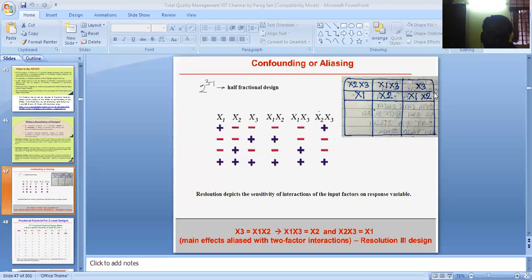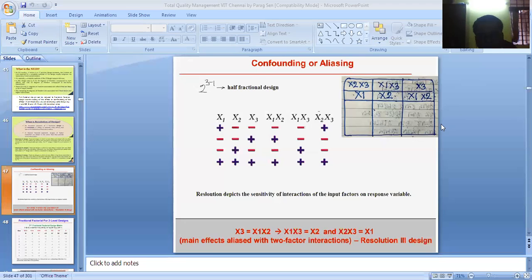If you have only 2 factors x1 and x2, then obviously there will be only one interaction, x1 x2, and whenever you introduce a new factor x3, x3 will match with x1 x2.